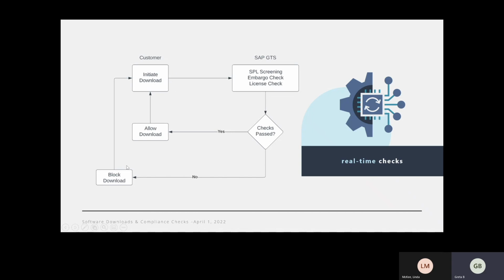If not, the download will be blocked with a message. The blocks will be reviewed by the compliance team, and if released, a notification will be sent to the individual to download the software. The timing of the notification depends on each company's requirements.